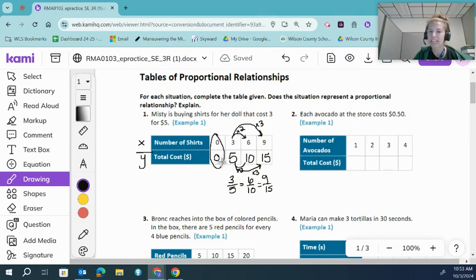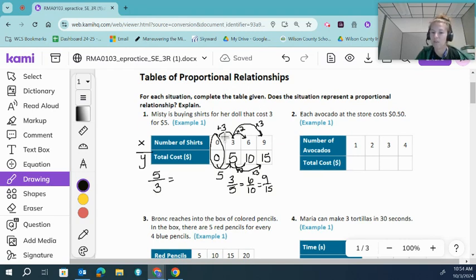Now, my change, how much it goes up each time, notice, is 5. And that stays the same all the way through. And my change on the top is it increases by 3 each time, and that stays true. And my ratio of that change in the y value to the change in the x value is 5 to 3.